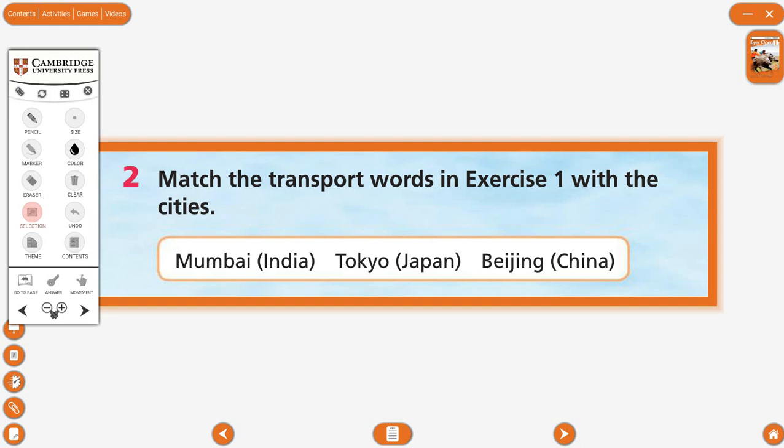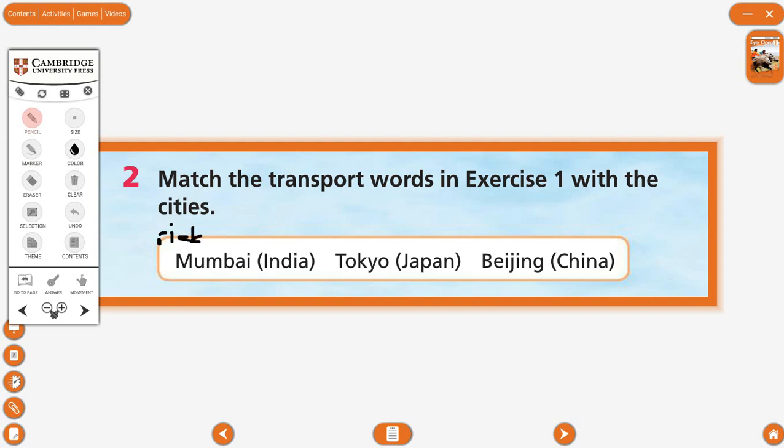For example, Mumbai. What can you see in these pictures for Mumbai? For example, Mumbai uses rickshaws the most. As you understand, we write rickshaw in here.